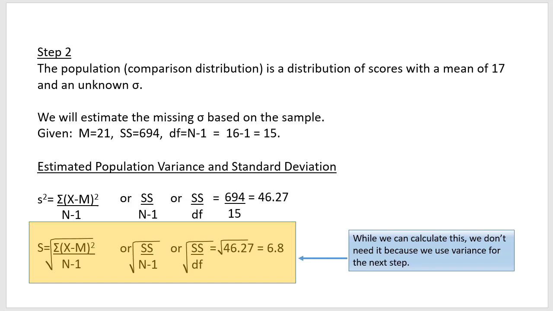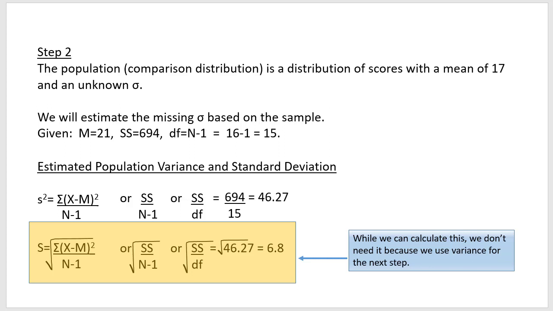In order to do this, we're going to be given some information that makes the calculations a little bit simpler, so that we don't have to go back and review something from 4 chapters ago. The mean of the sample is 21, meaning the people in the dorm studied on average 21 hours.